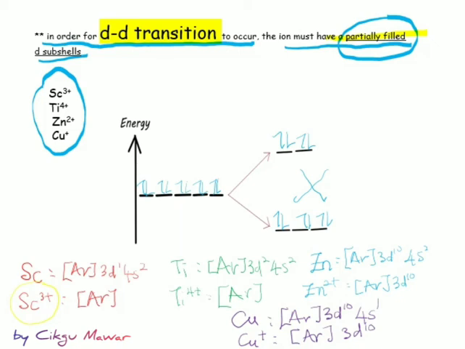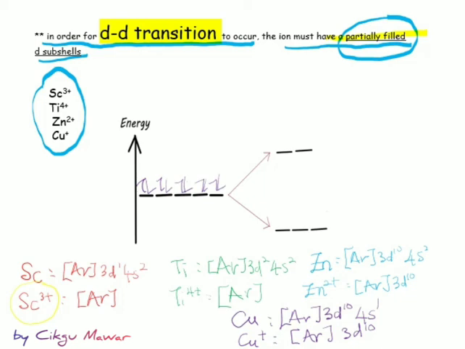It also consists of a fully filled orbital. We fill up all the electrons here; 10 electrons completely fill the 3d orbital.